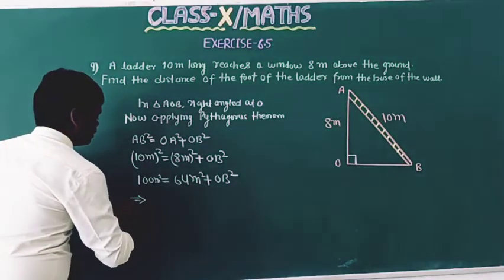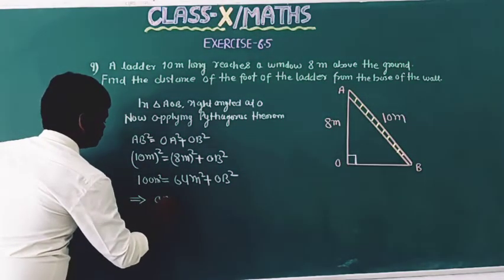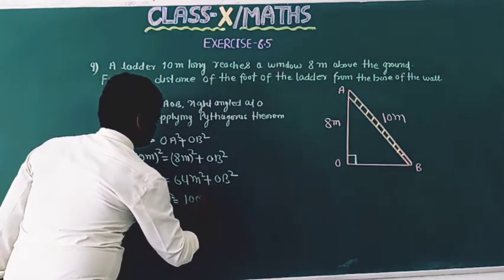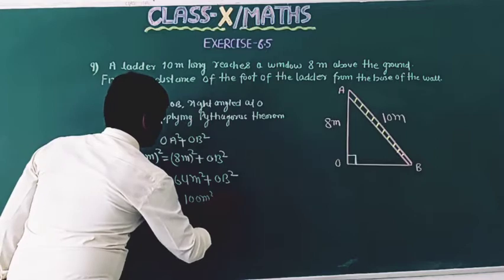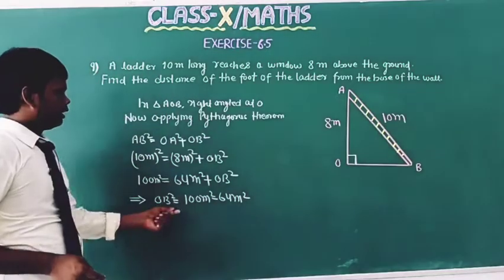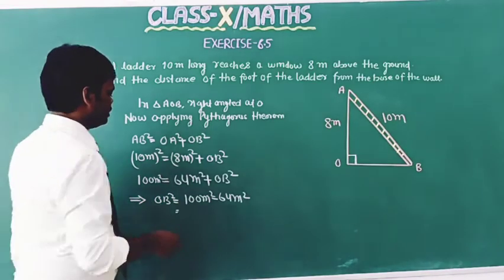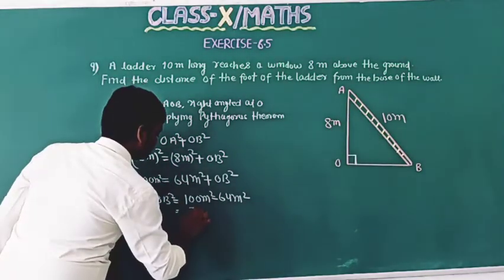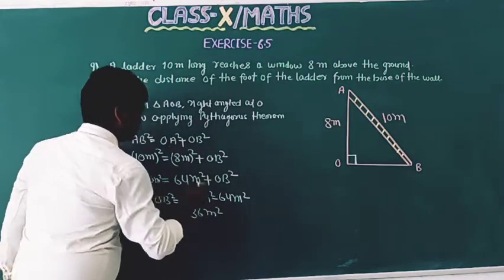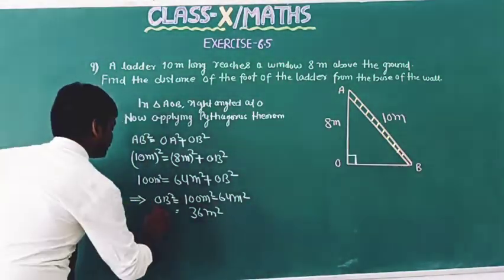So this implies OB square equal to 100 meter square minus 64 meter square, and we will get 36 meter square.